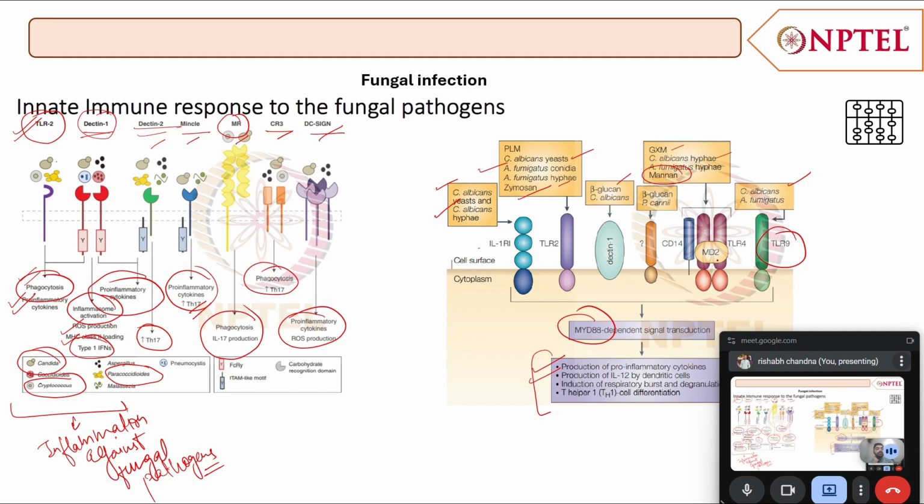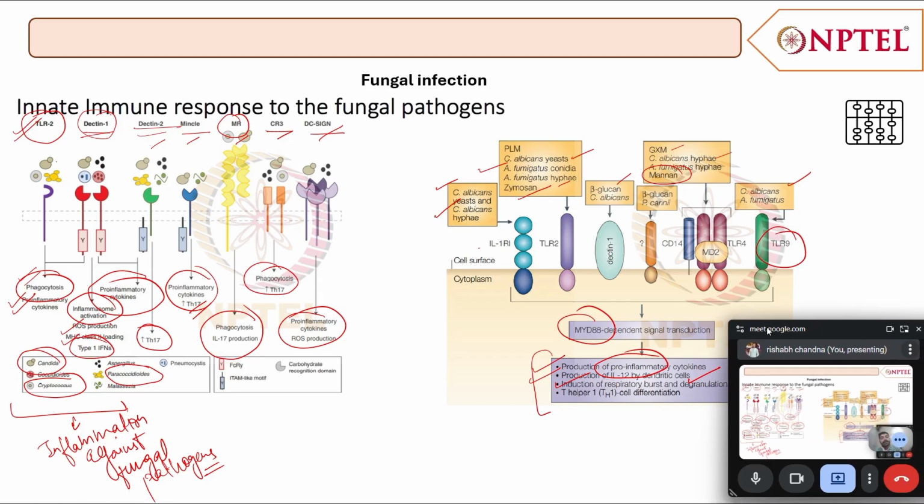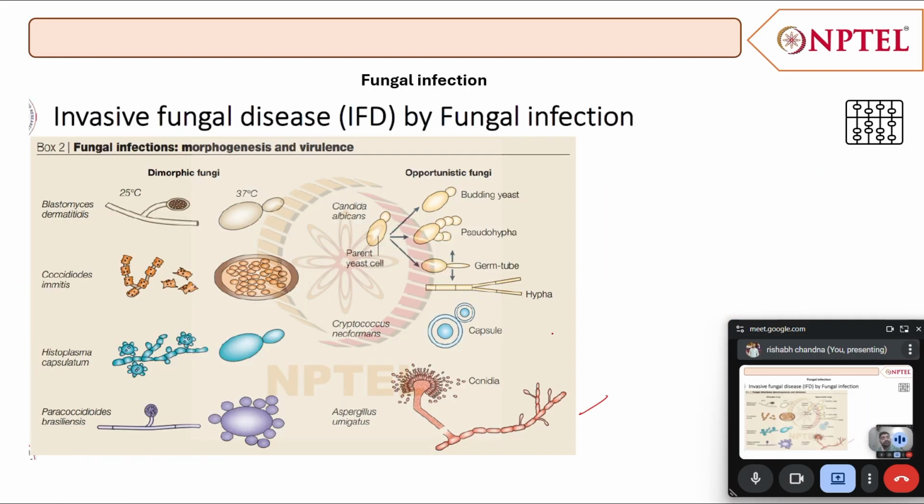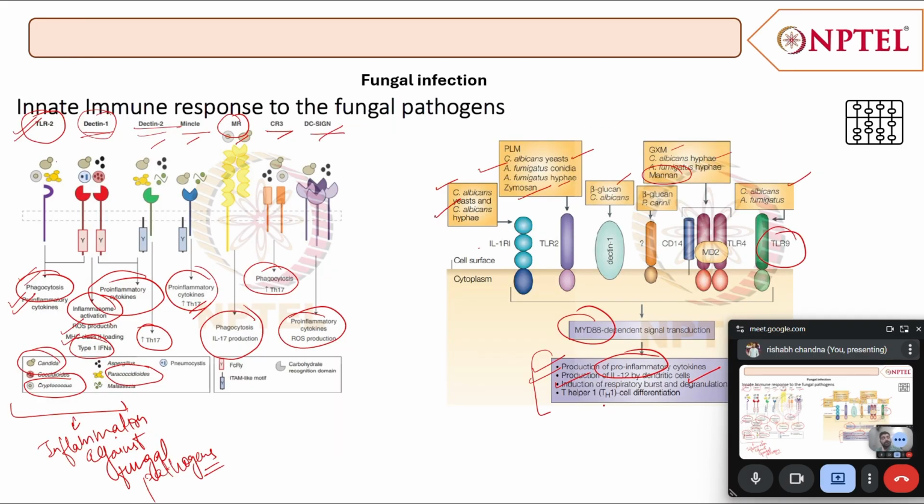So, when these receptors recognize a particular fungal pathogen, they lead to the production of pro-inflammatory cytokines, IL-12 production, induction of the respiratory burst and degranulation, and Th1 cell differentiation, so that they help in the maturation of the TC cells.